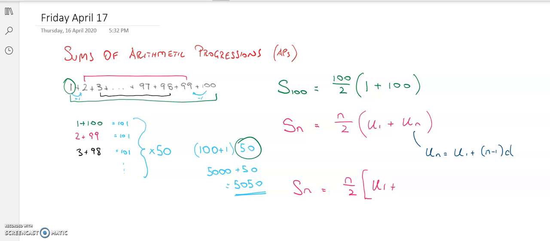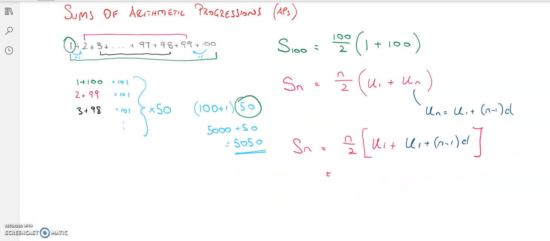U1 plus, now I'm going to rewrite this un as U1 plus (n minus 1)d. And I've got myself a nice new formula. I've just got to collect some like terms here. And I've got n over 2, I've got 2u1 plus (n minus 1) times d, and that's my sum to n terms of an arithmetic sequence.